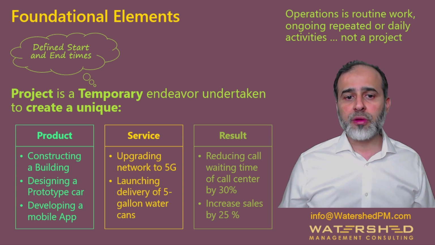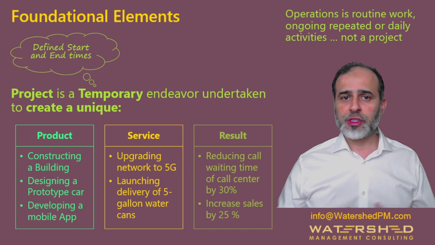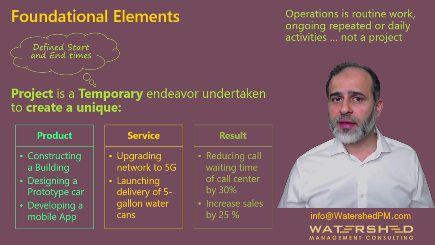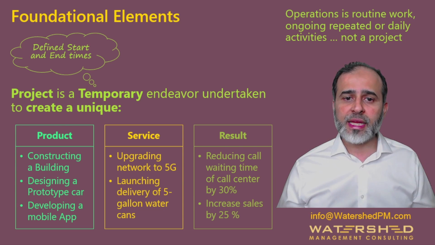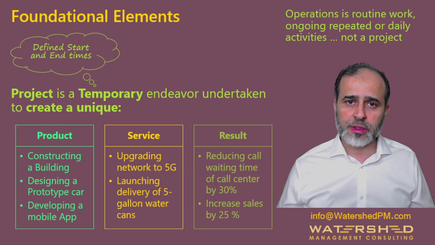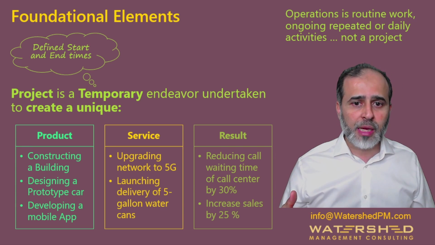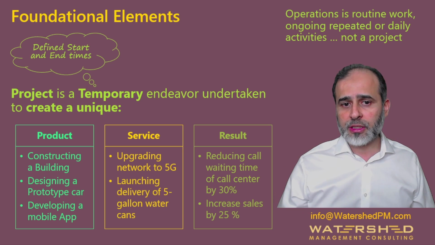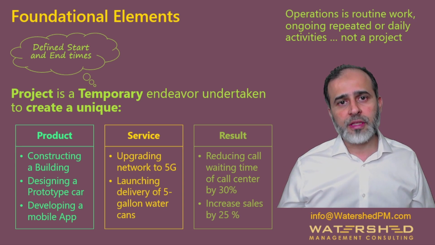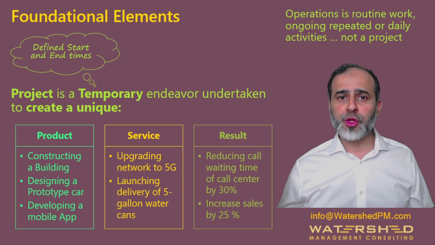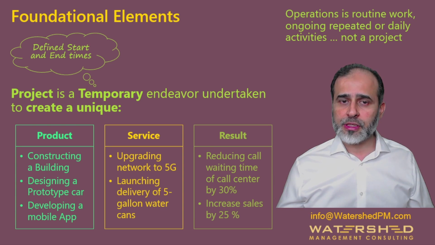Another simple example of an organization which is already in operations, they already have sales, but now they want to increase their sales by 25%. And the team will have to identify everything that's required to be done. It will consume a budget. It will take certain time to achieve that target, that objective. And that on itself is a project, and you're creating a new result in that scenario.